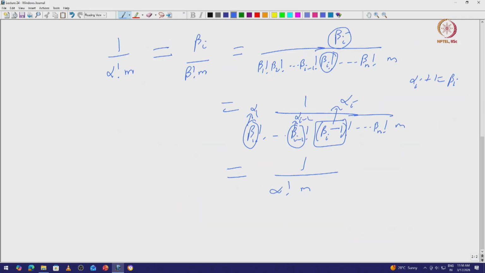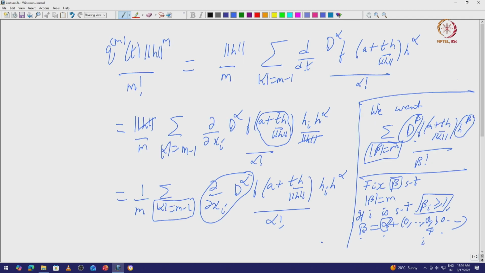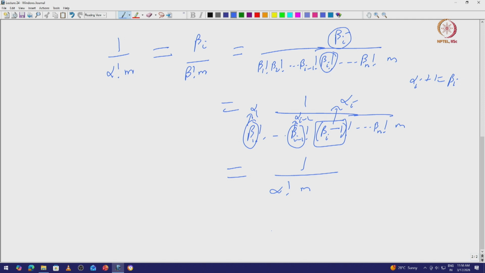So in other words, if you fix your beta, right, then this will be h raised to beta, 1 divided by m times alpha factorial is not quite 1 by beta factorial, but it is beta i by beta factorial, right, times m. So if you sum over all such i, this is sum over beta i by beta factorial times m, right?